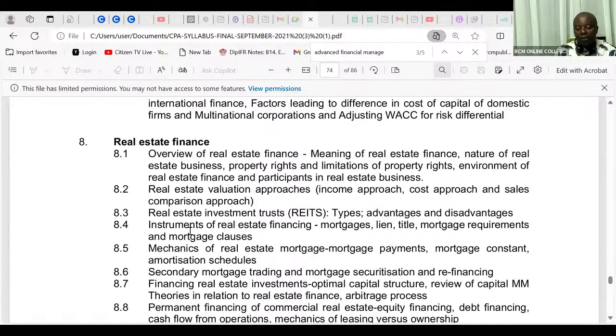We shall be able to look at mortgages. Like the other day, they brought a question here regarding what you need as an individual to be able to acquire a mortgage from a bank. The requirements. If you are in need of a mortgage, and there are very few mortgages in this country, what do you need? For example, I would need what we call a CRB status report. That's why I normally tell my students, don't destroy your CRBs.